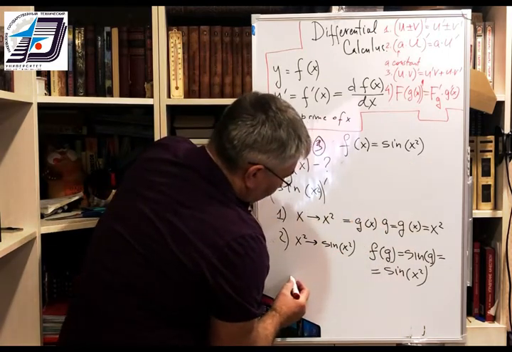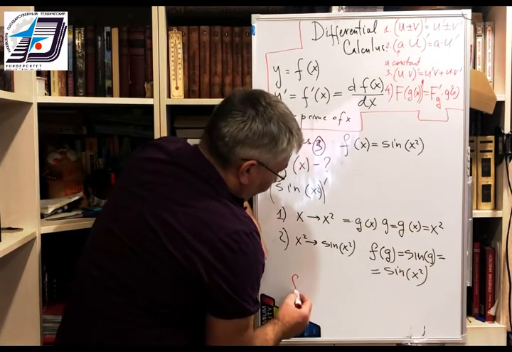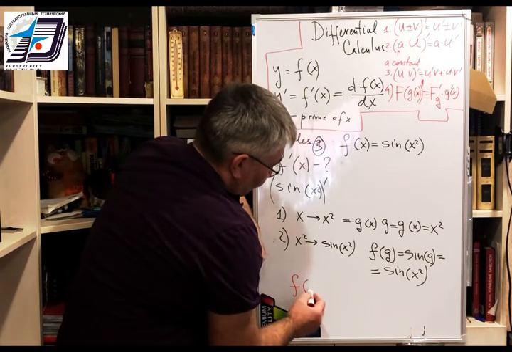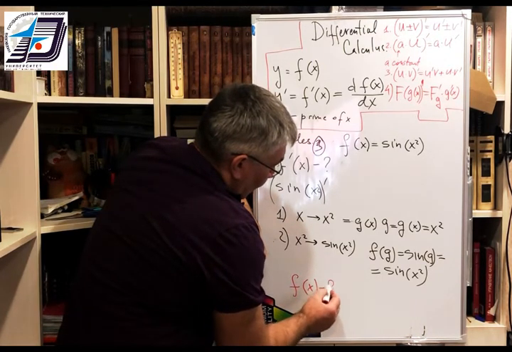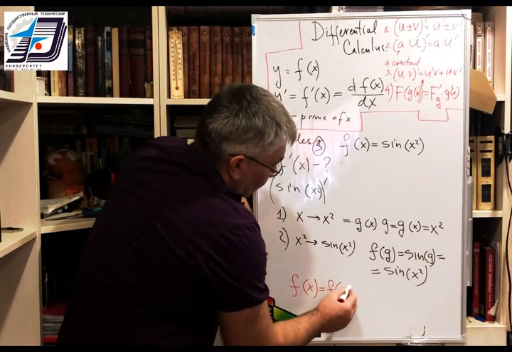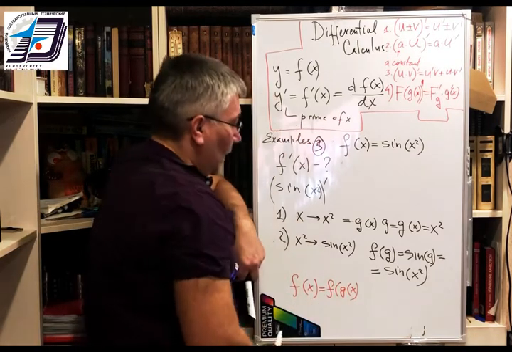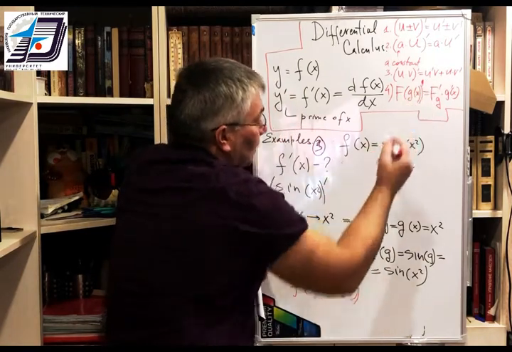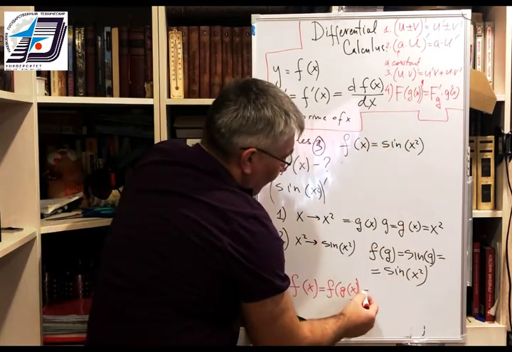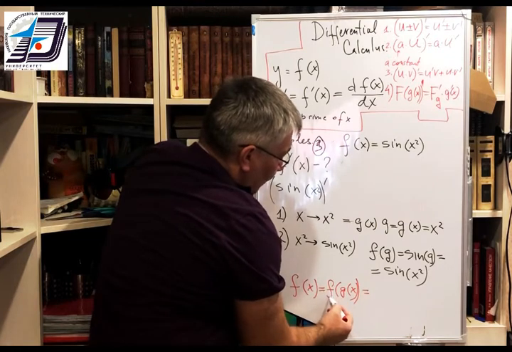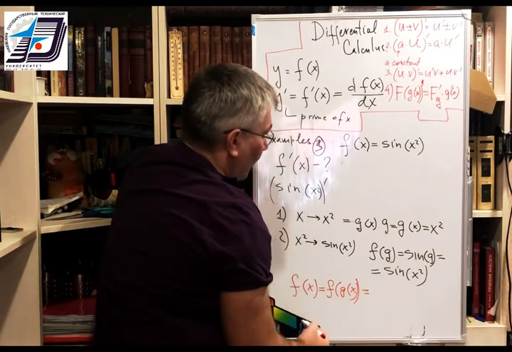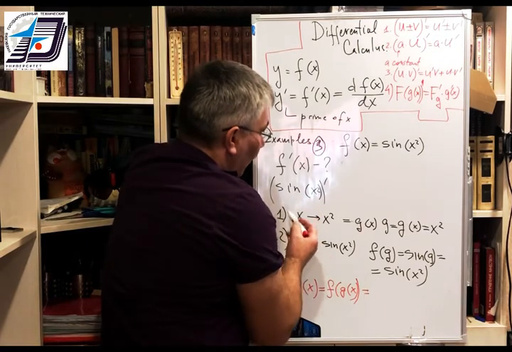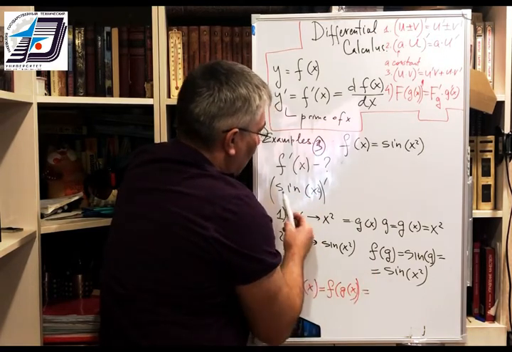and now I can denote this f of x like f of g of x. So this is the compound function. It's given like in this example. So it means that firstly I have to calculate derivative of this f of g, so the external part.